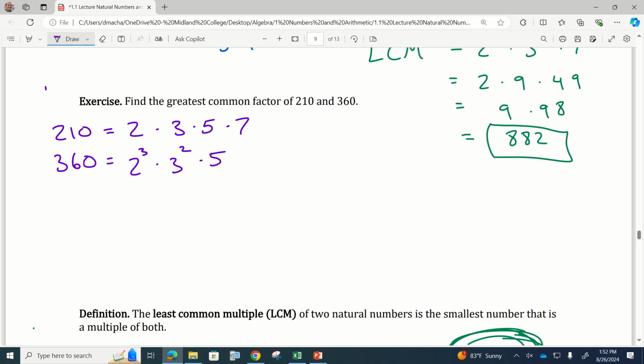So the greatest common factor is what I get when I look at those and choose the smallest powers. The smallest powers would be 2 times 3 times 5. Right? 2 to the 1 power, 3 to the 1 power, 5 to the 1 power. And then 7 to the 0 power.